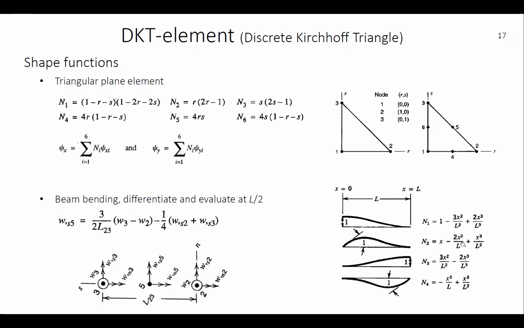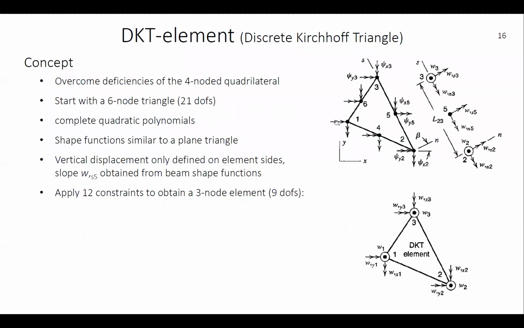By differentiating those, rearranging that, and solving it at the midpoint, we will end up with this expression. So it's a function of the out-of-plane displacement at node 2 and node 3, and the slopes at node 2 and node 3, W'(S2) and W'(S3). And doing the same thing for the other edges.